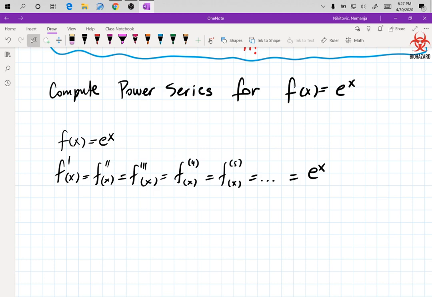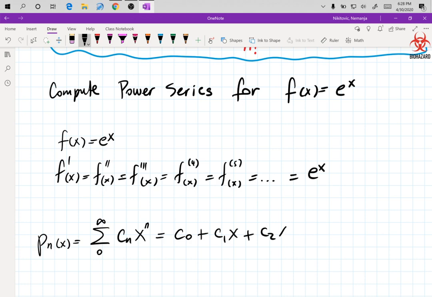So when I write out my power series, which is p_n of x equals the summation from 0 to infinity of c_n, in this case just x to the n, because I am not centering it at 1 or 2 or something, it is going to be c0 plus c1 x plus c2 x squared plus c3 x to the 4th plus dot dot dot plus c_n x to the n plus dot dot dot.